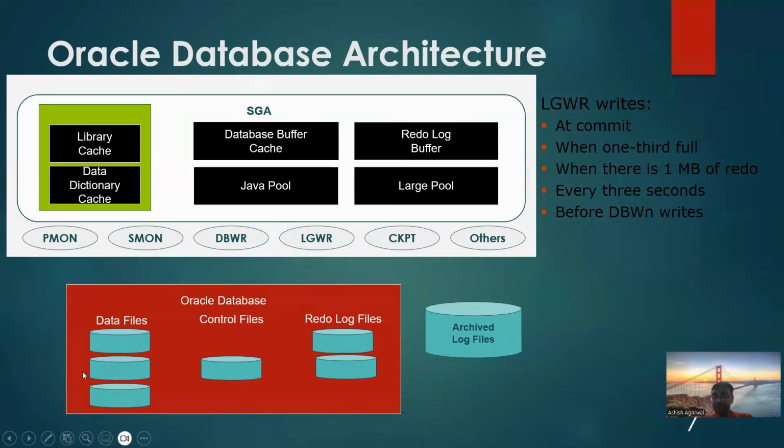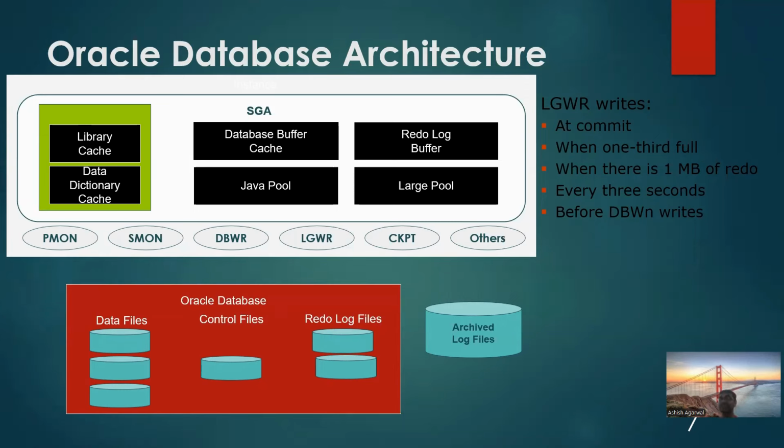So the change gets written into the database buffer cache, and from the database buffer cache, a copy of that change gets written into the redo log buffer. Now, before that change could be applied to the data file, a copy of that change gets written into the redo log files with the help of the log writer process. DBWR is the process with the help of which the updated statement gets written into the data files.